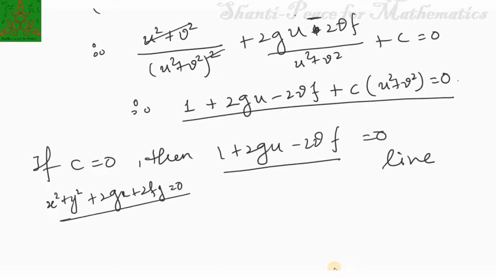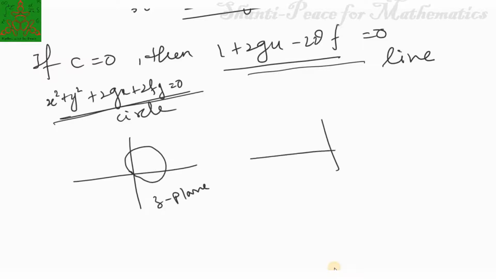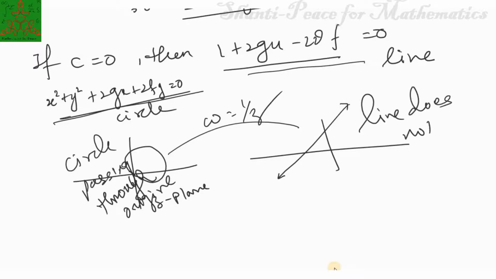This represents a circle passing through the origin, and this line does not pass through the origin. So any circle which passes through the origin in the z plane transforms to a line not passing through the origin under the transformation w is equal to 1 upon z.